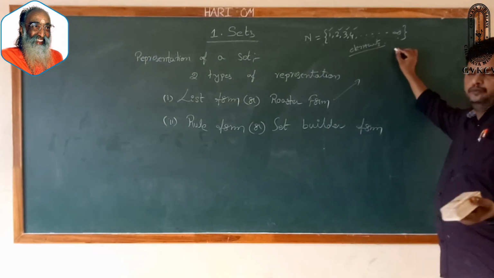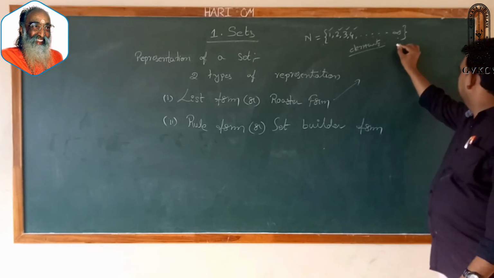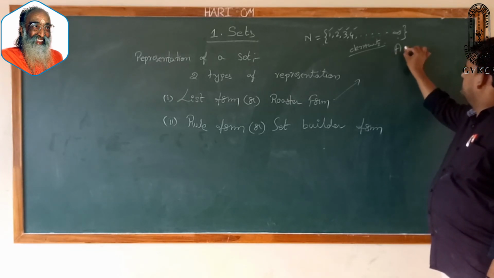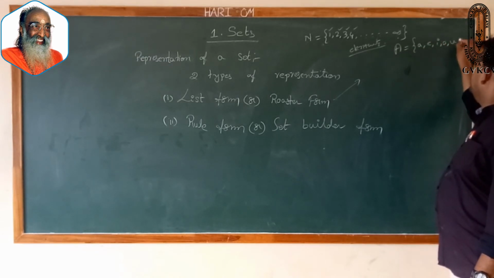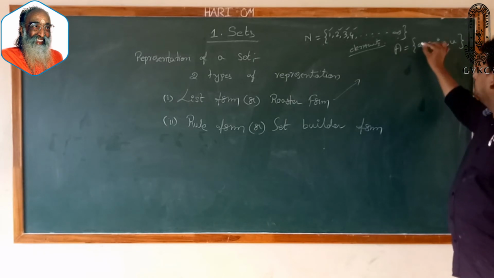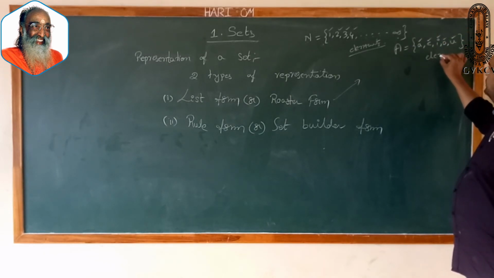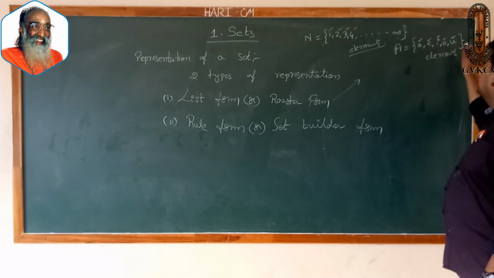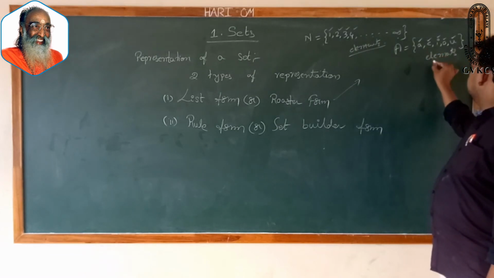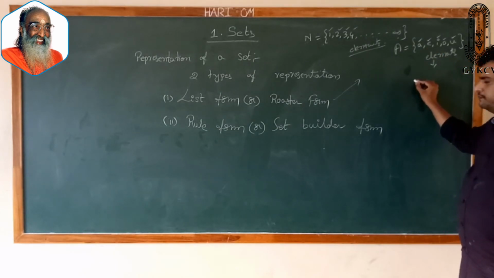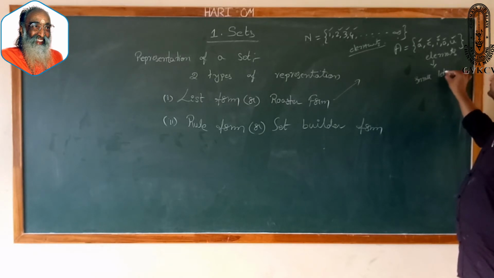Now, I told you vowels in the English alphabet. Let us have capital A equal to A, E, I, O, U. Here A, E, I, O, U are called elements. Elements are always represented by small letters.